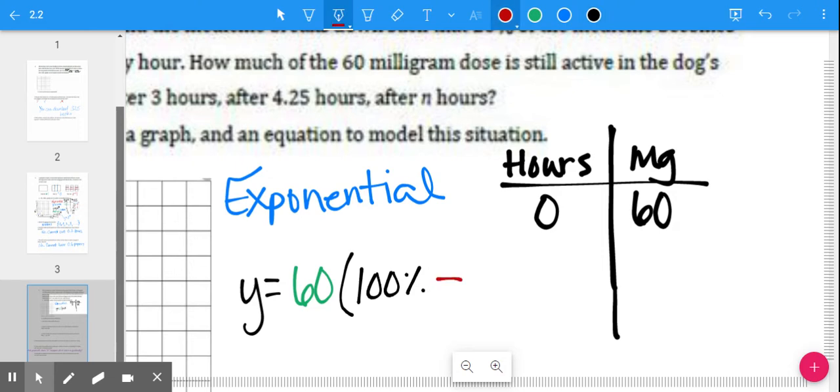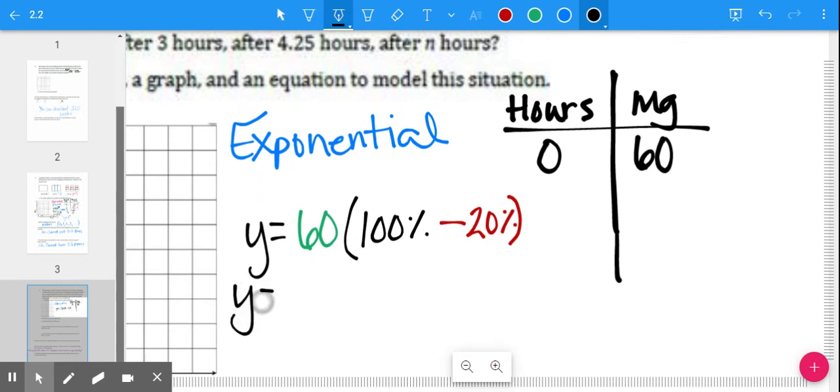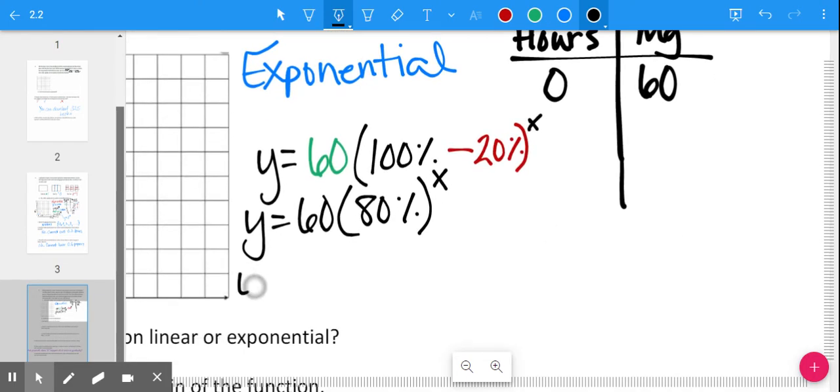And then it dissipated, it went away at a rate of 20%. So we have y equals 60 times 100% minus 20%, which is 80%. But we don't ever put percents in an equation, so we need to rewrite it as a decimal. So we have 60 times 0.8, 0.80, same thing, with the x in the exponent.